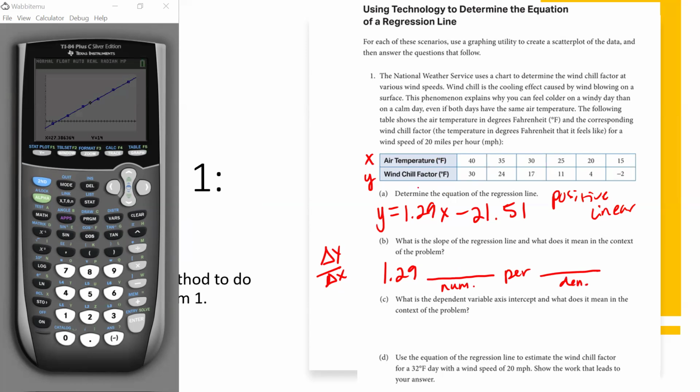So what is our numerator describing here? Degrees of wind chill, right? So this would be 1.29 degrees of wind chill per, what is this describing? Degree of air temperature. Anytime you're describing the slope, based on the slope formula, the numerator describes this per the denominator describes this. Does that make sense?